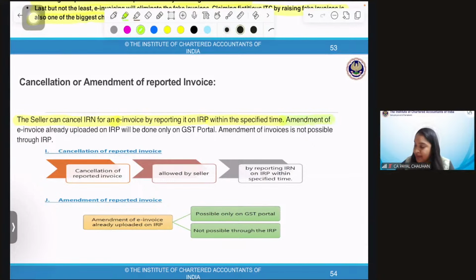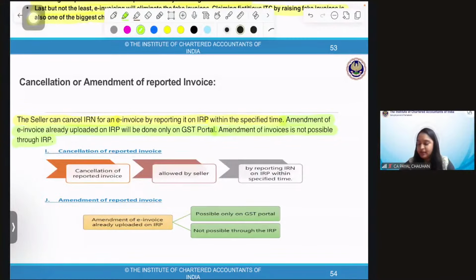Then amendment of an e-invoice already uploaded on IRP will only be done on the GST portal. Amendment of invoice is not possible through IRP. Please remember, if I need to cancel, I have to cancel my e-invoice within 24 hours. After that, I can't cancel it. But if I need to amend it, for amendment, I have to go to the GST portal. On IRP, amendment is not possible.